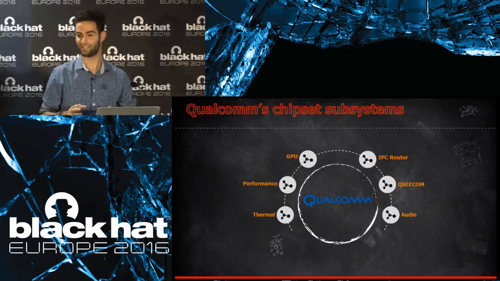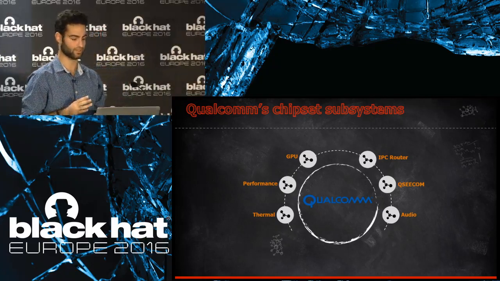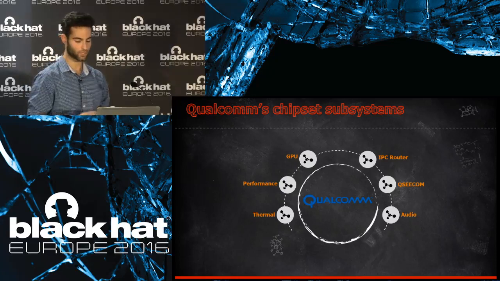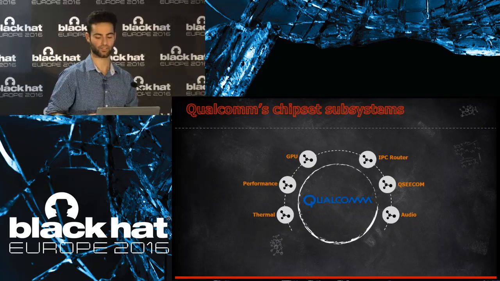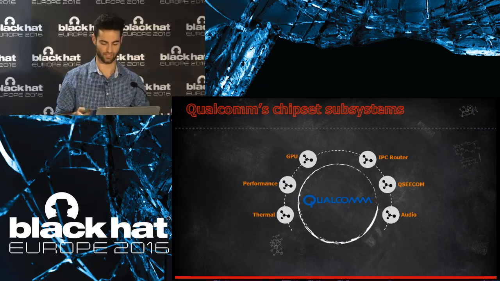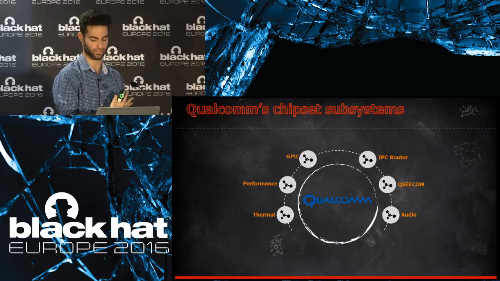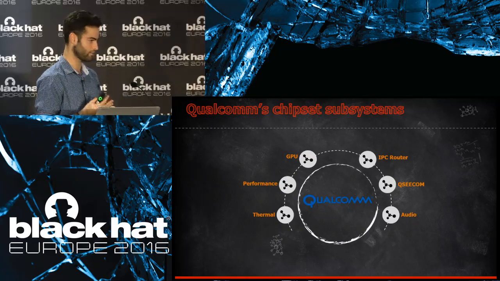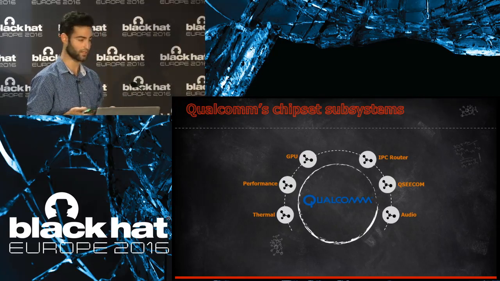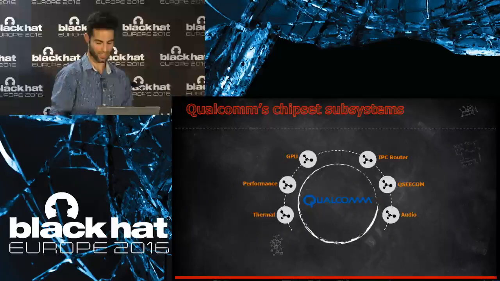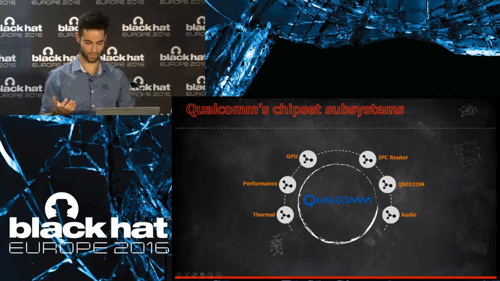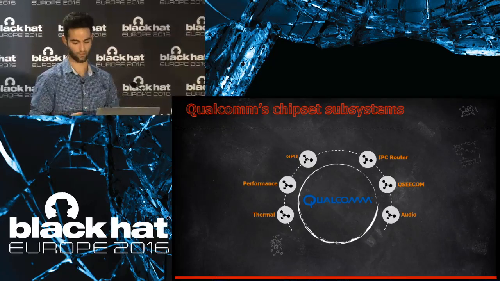In fact, there are a lot of different subsystems which are completely written by Qualcomm. Each one of these subsystems is a great place to start looking for vulnerabilities. And if the component is low level enough in the whole system, one bug would probably be enough to completely compromise the device. And that's without mentioning components that have been modified to satisfy the requirements of Qualcomm.